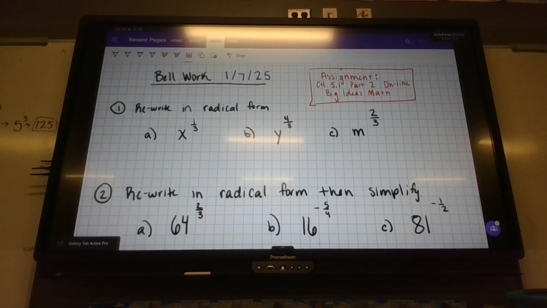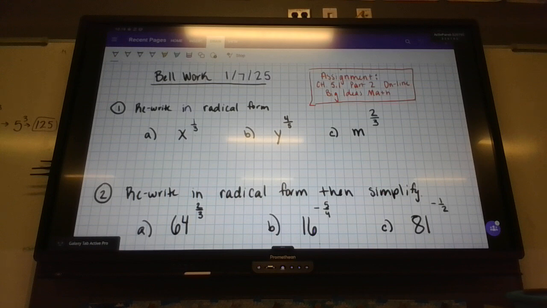All right, we'll start with letter A. How do you write that in radical form?